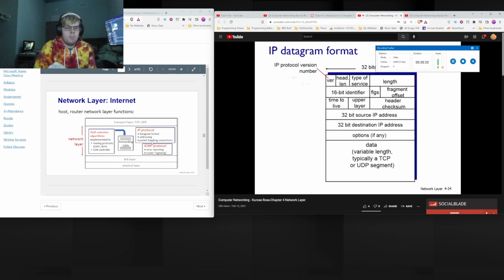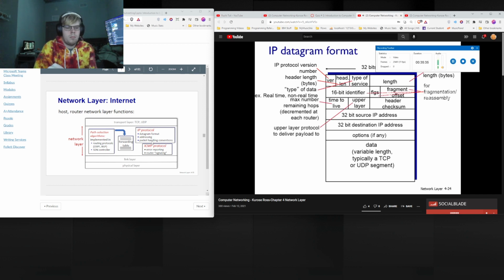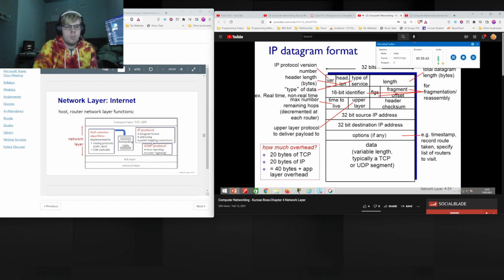Alright, so let's first of all talk about the IP datagram format, just like we talked about the TCP segment. The width of the IP datagram format is 32 bits. We know that the size of our IP address is 32 bits, which makes it 4 bytes.